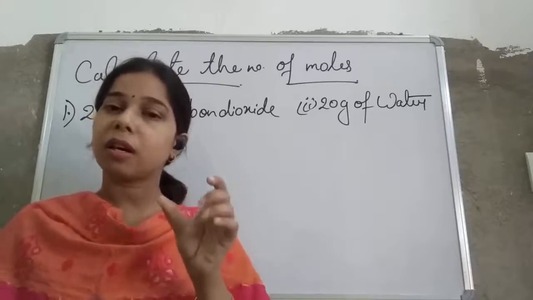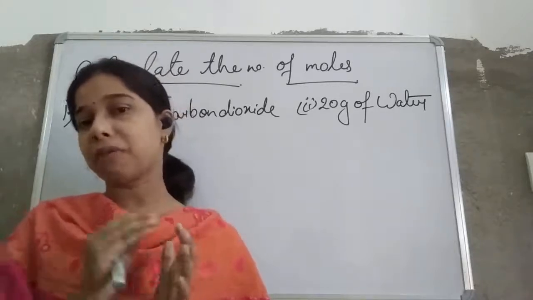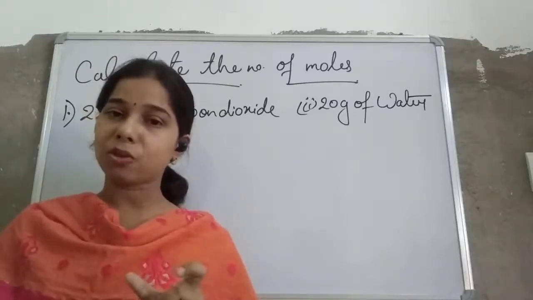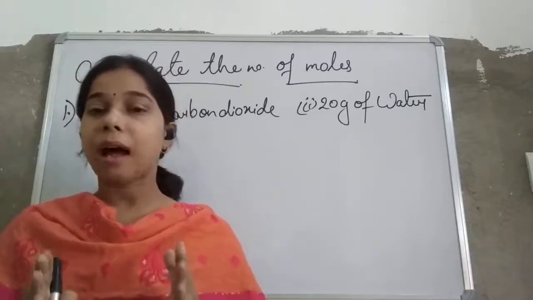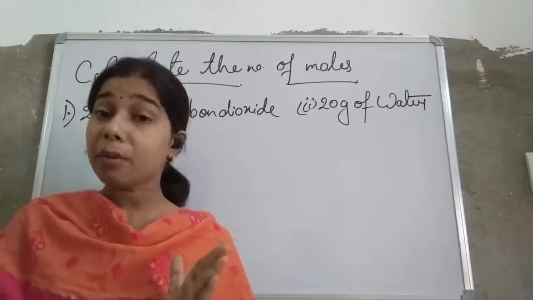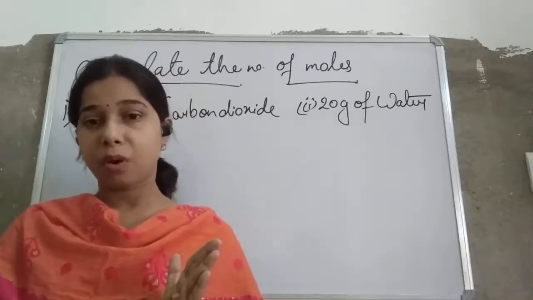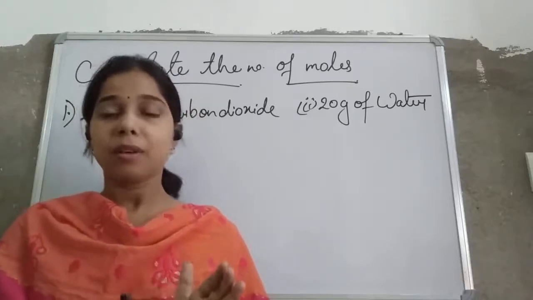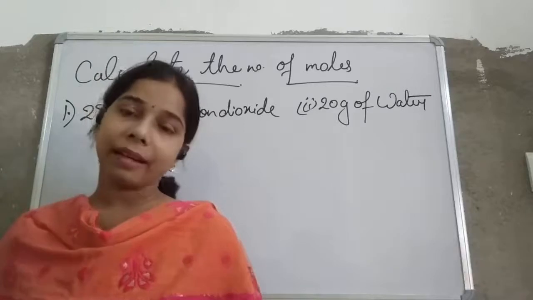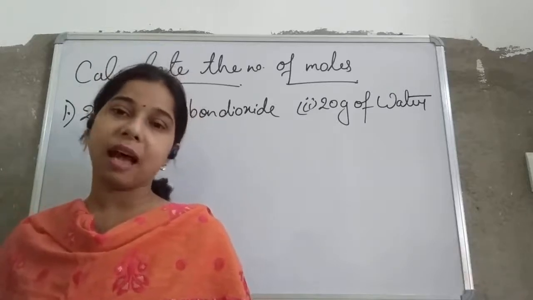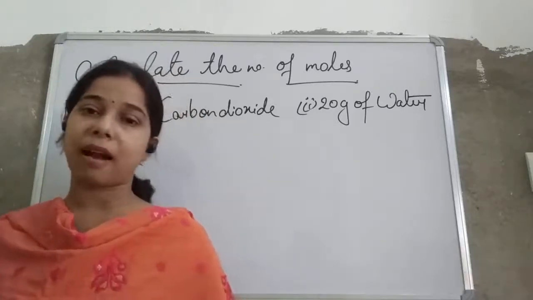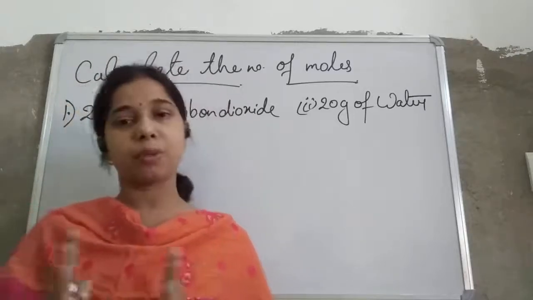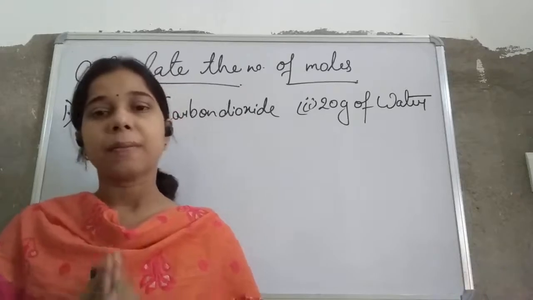If the molecule consists of different atoms, and we know the atomic mass of each atom, we multiply it by the number of atoms, plus the second element, which has some atomic mass and number of atoms, we multiply that too, and when we add both of them together we get the molecular mass.